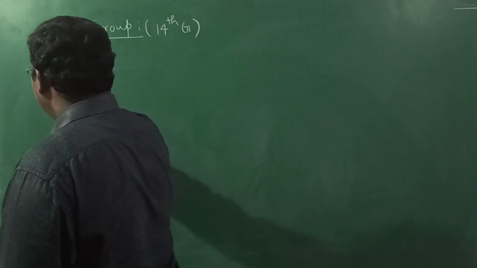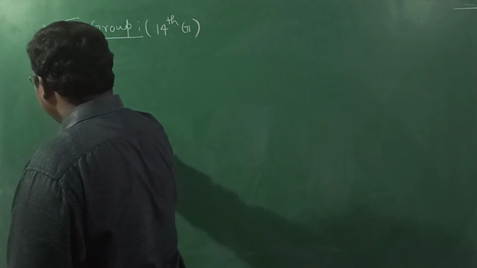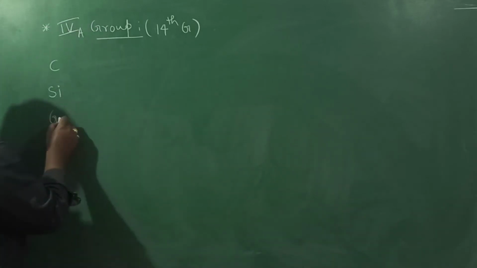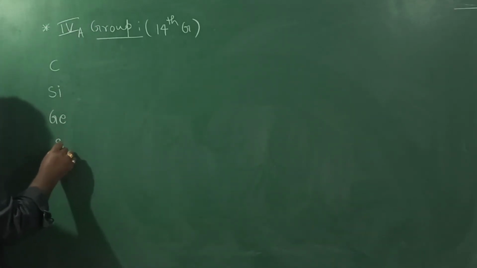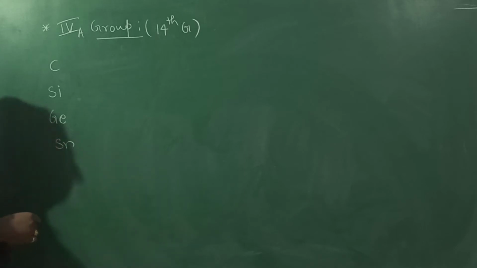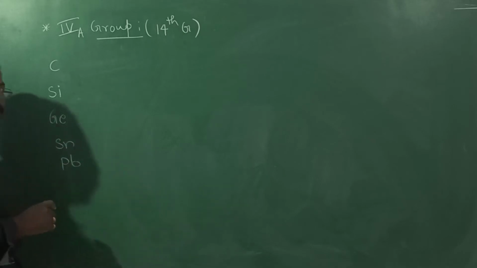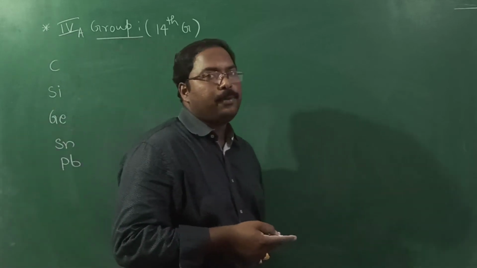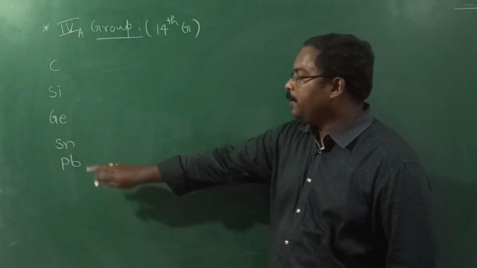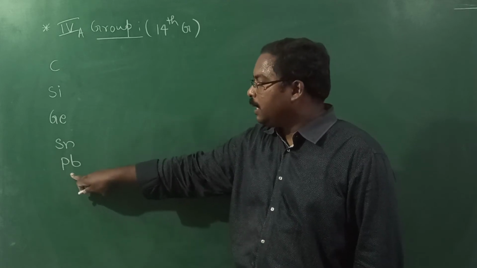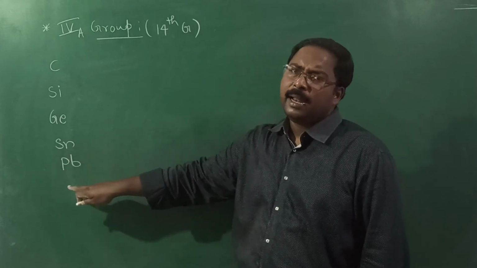Now coming to the other elements of this 14th group: carbon, silicon, germanium, stannum, commonly called tin, plumbum, commonly called lead. Okay, so you know about Latin names. The Latin names are stannum and plumbum, but commonly we call them tin and lead.